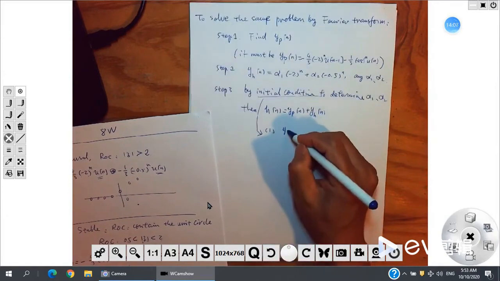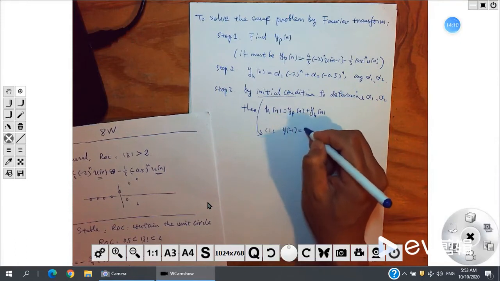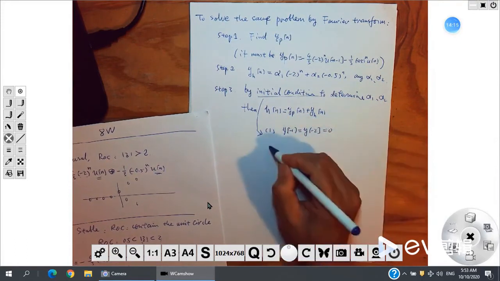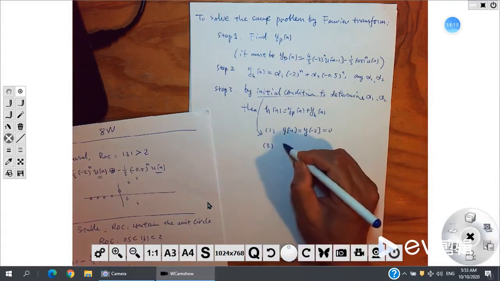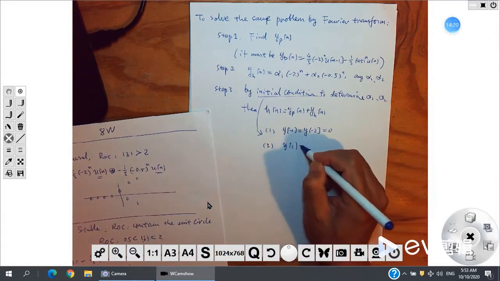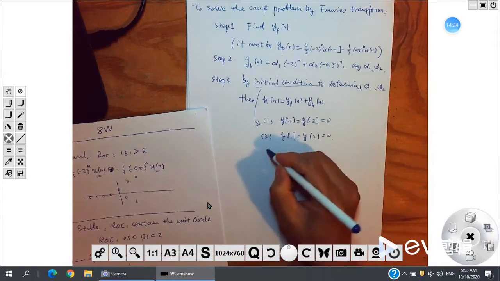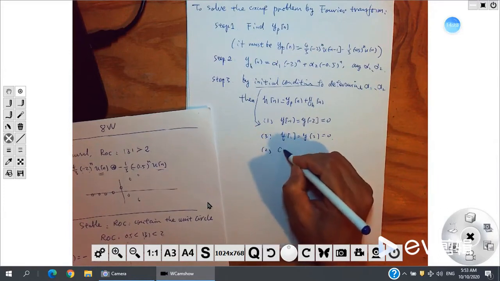So for negative n's, they should be 0, right? And the third case, the anti-causal, there will be y1 equal to y2 equal to 0. And the second case, it is stable.